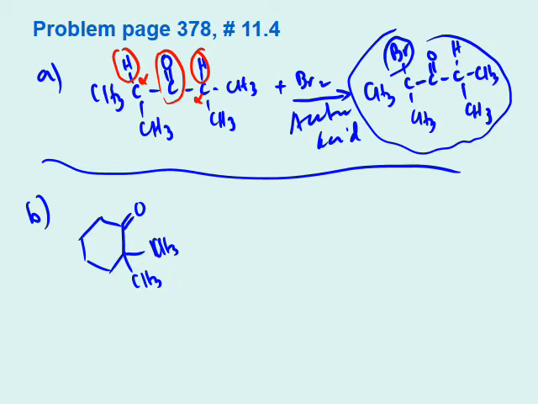So adjacent, this is the one alpha location. This is the other alpha location. And any hydrogen that is bonded directly to this alpha carbon would be the acidic hydrogen. So let me draw that, because carbon must have 4 bonds. So these are the 2 hydrogens you need on that alpha location. But this carbon, I'm showing you with the red dot, cannot have any hydrogen because it already has 4 bonds.